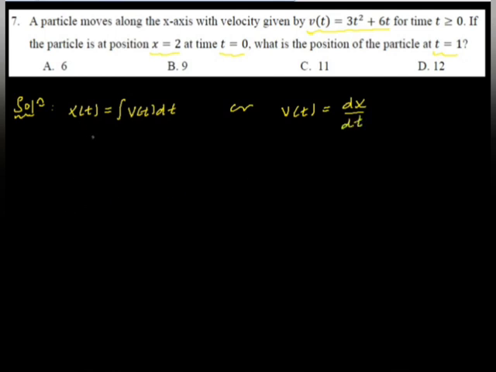So for now we have the velocity of the particle, which is 3t squared plus 6t dt. As usual, there is a constant of integration c. The integral of 3t squared is t cubed, and the integral of 6t is 3t squared, as you can check, plus c. This is the position of the particle at a time t.